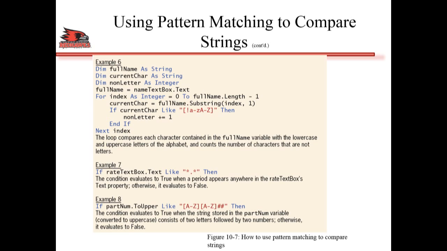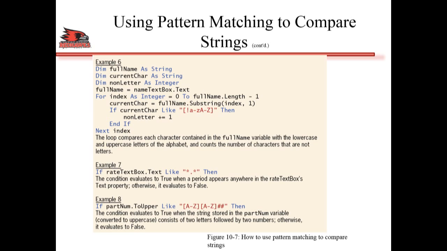That's assigned into the current character, and the exclamation mark here means that if the current character is not a lowercase or an uppercase letter, then non-letter plus equals 1.